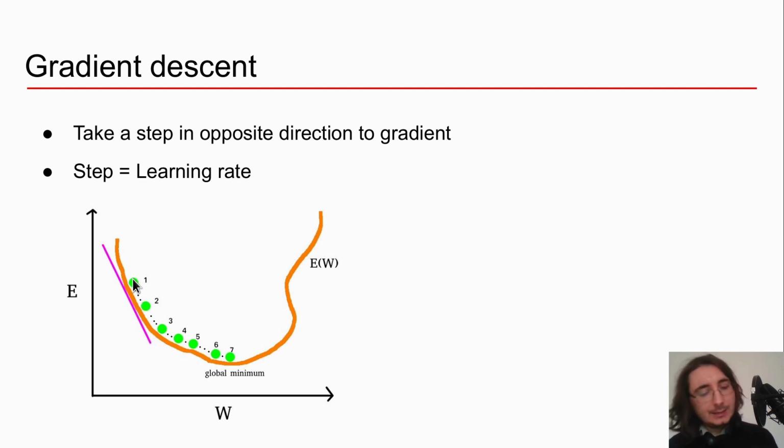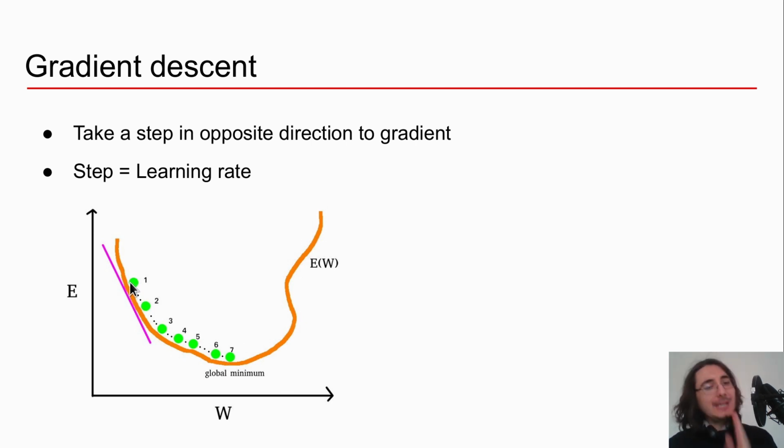Intuitively, the gradient gives us the direction in which the function increases the fastest. So if we know the gradient, we want to go in the opposite direction, because we want to go down in the function and minimize it. We want to go down to this global minimum where the error of our network is minimized.